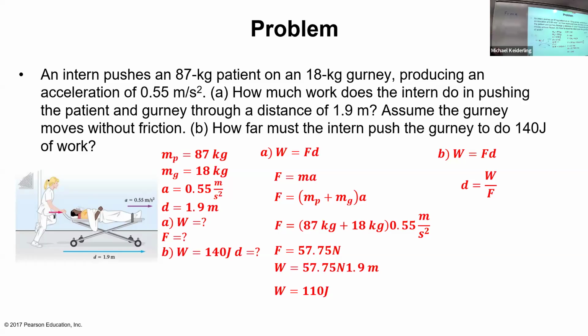Distance equals work over force. So 140 joules divided by 57.75 newtons gives a distance of 2.42 meters. Or I guess probably it should be rounded to 2.4 meters, because it's 2 sig figs on everything.